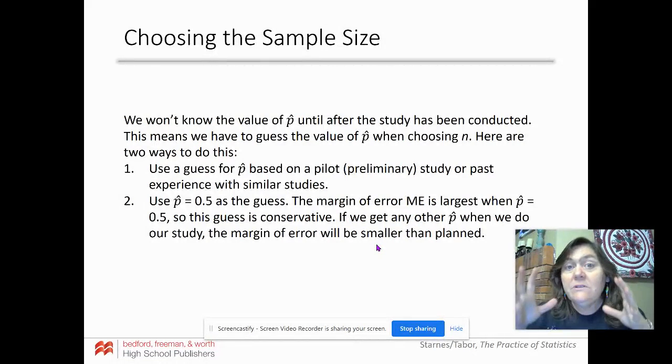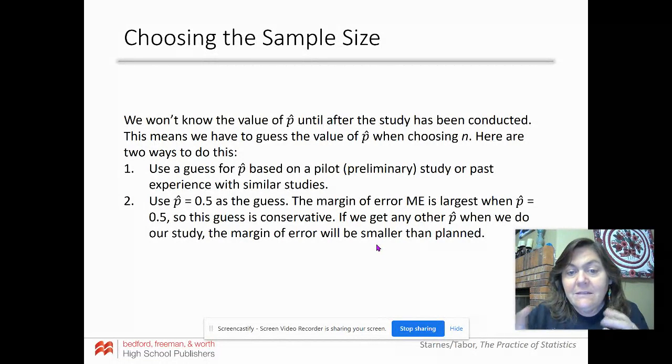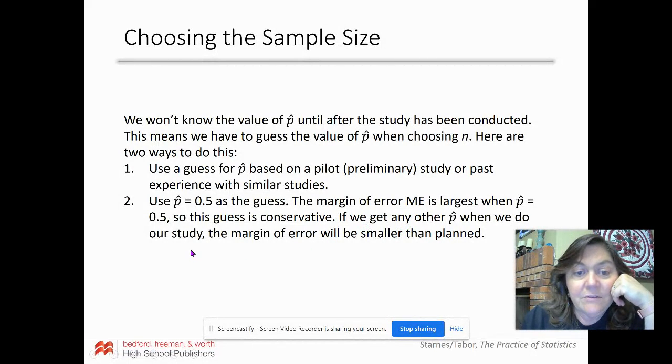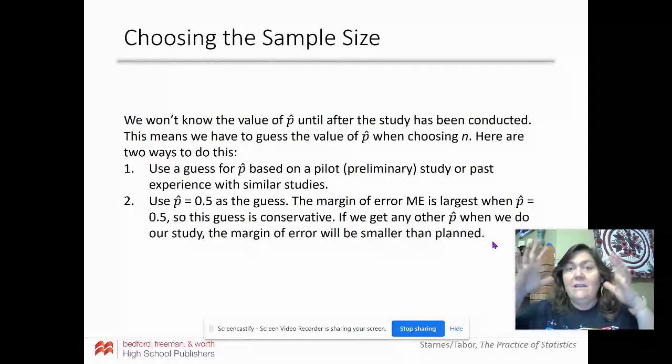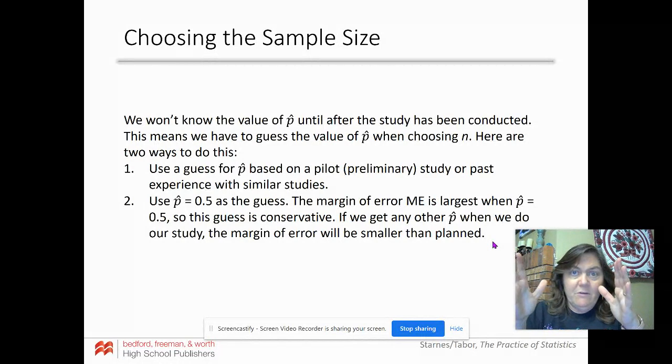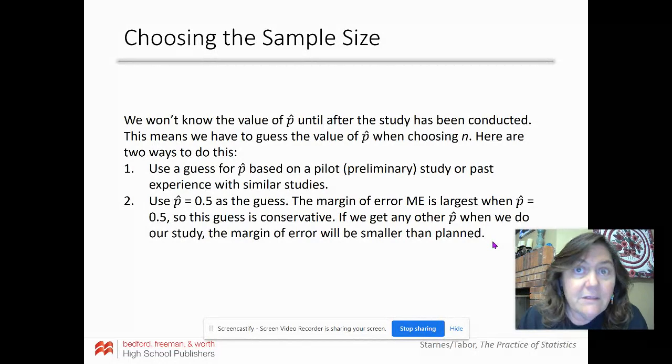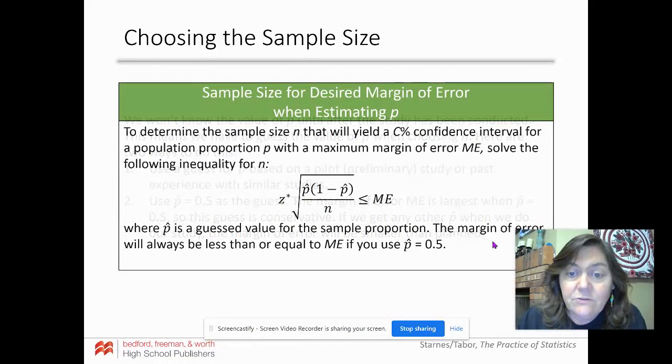So we're going to be the most conservative possible and make that margin of error as large as possible. If we get any other p-hat when we do our study, the margin of error will actually be smaller than what we had planned. So we're saying we're going to take the largest margin of error possible for what we want, and if it's anything other than 0.5 when we actually do the study, our margin of error will be smaller, and that's good. It hones us in more onto the truth, right?